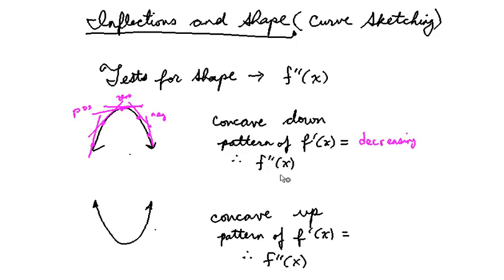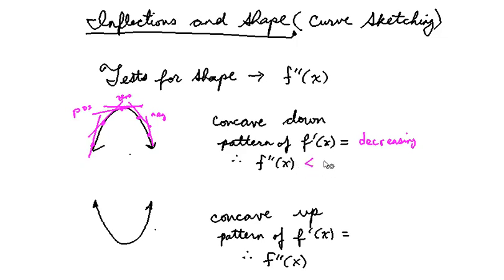So what can we say about f prime of x then? Or sorry, f double prime of x. If I were to take the derivative of this, how fast is this changing? Well, we know that it's decreasing as I go from left to right. So if f prime of x is decreasing, then f double prime of x must be negative.